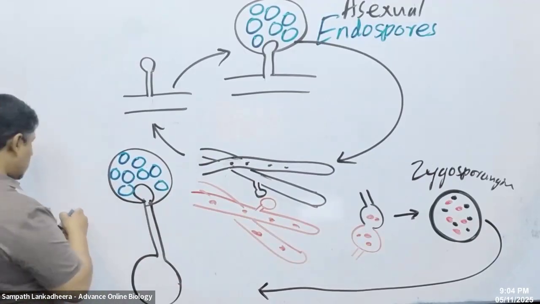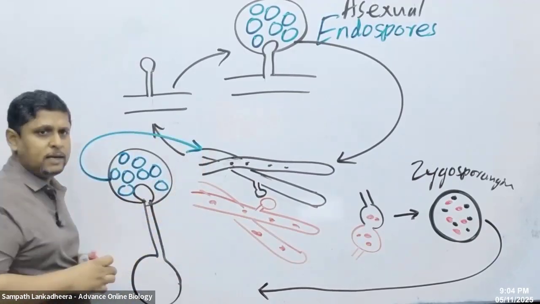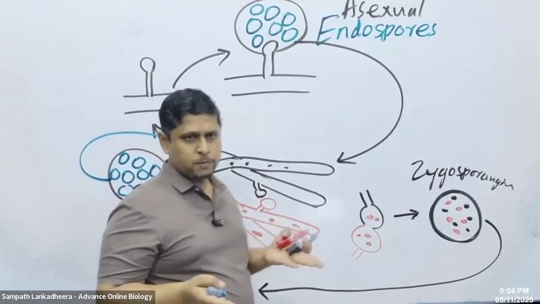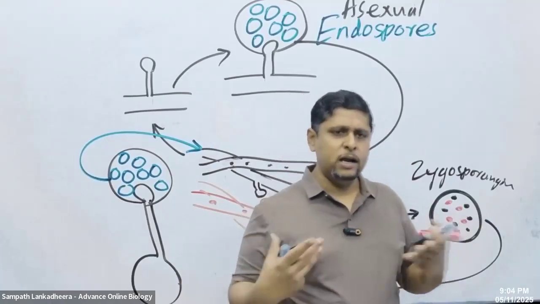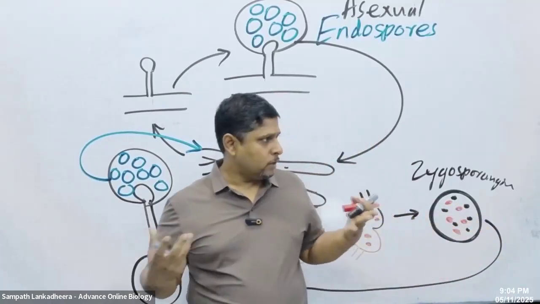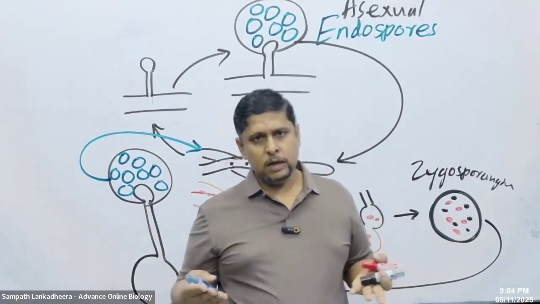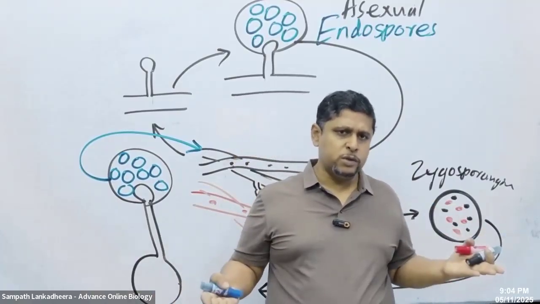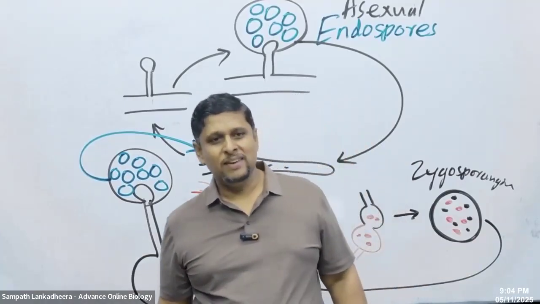These sexual endospores are going to disperse and then form the mycelia back again. So here, both sexual and asexual spores are endospores. Zygosporangium forms during sexual reproduction. That is what you need to know.